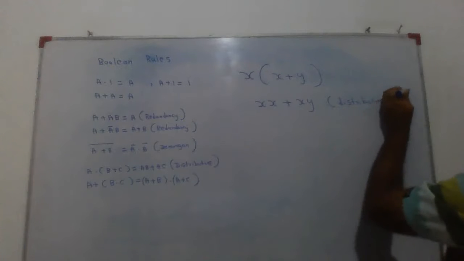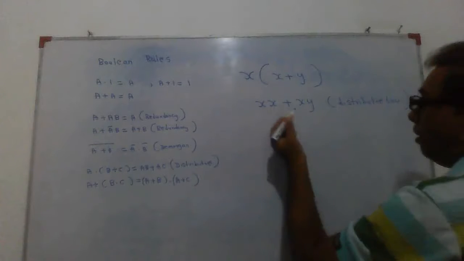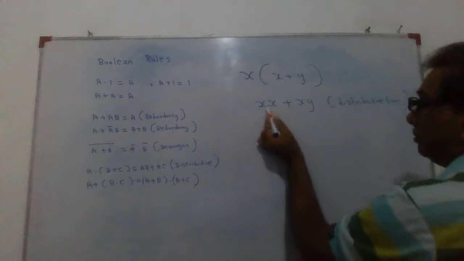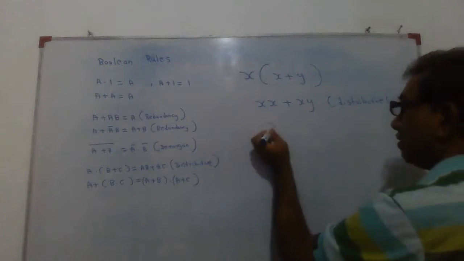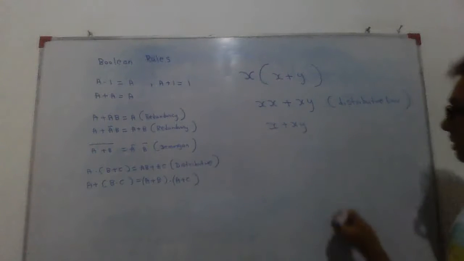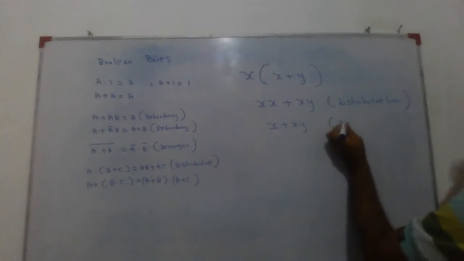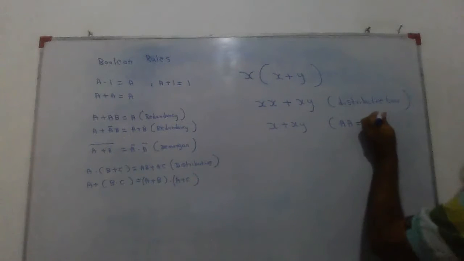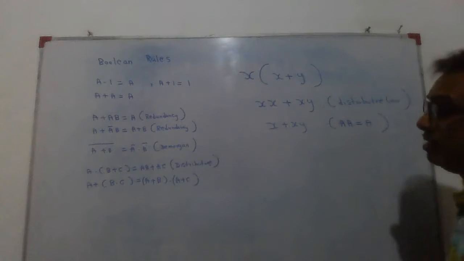Then x and x, this is a common term, x and x means x. So we reduce it: x or (x and y) comes here. The rule is A and A equals A. Now x or (x and y).